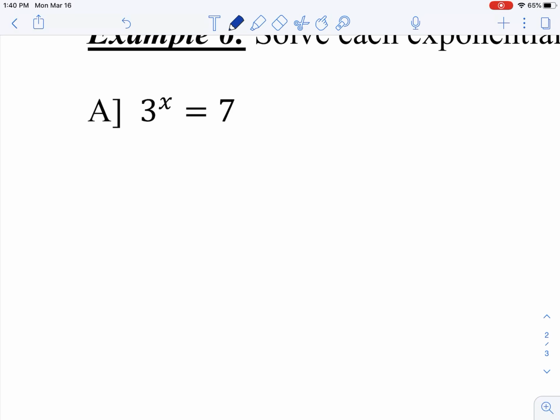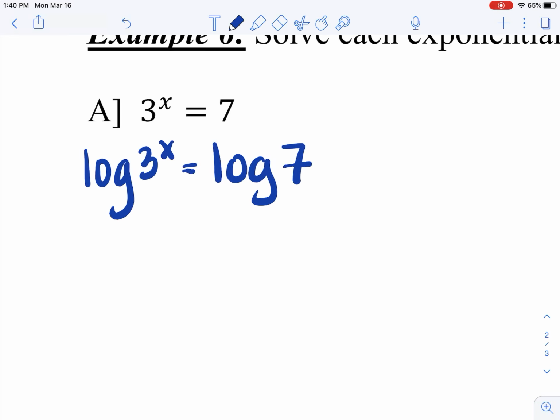What is the inverse of an exponential function? Logarithmic function. So just like how I showed you the change of base formula, we're going to log both sides. Use your exponent property that says you can take your exponent and write it in front of your logarithm.